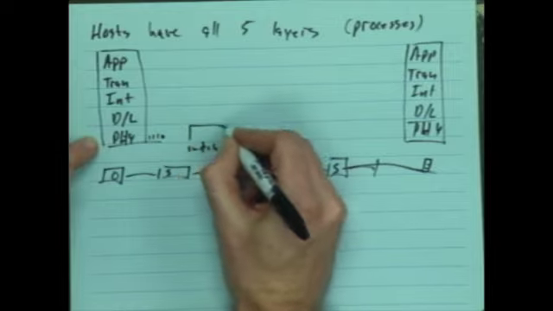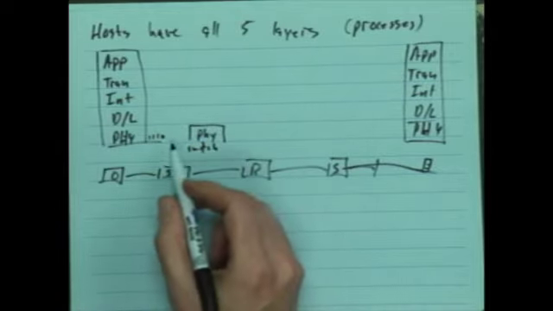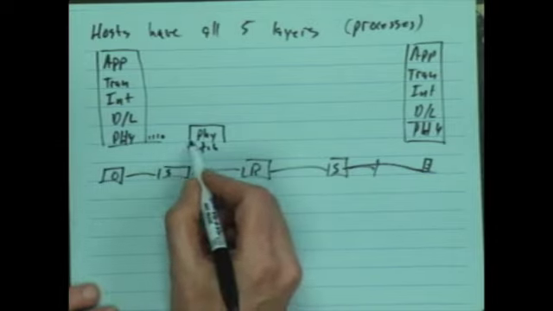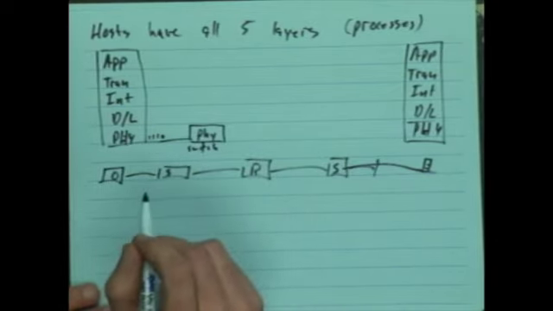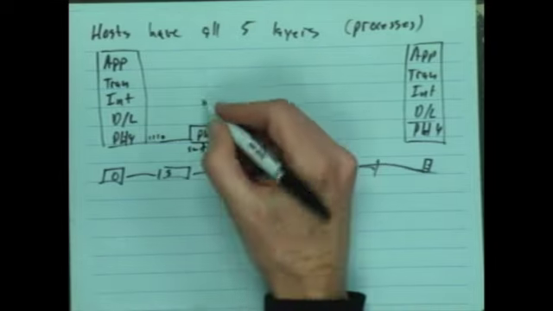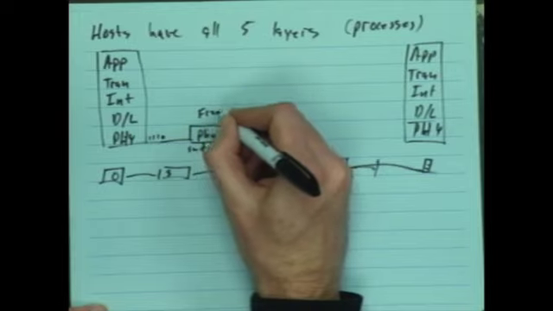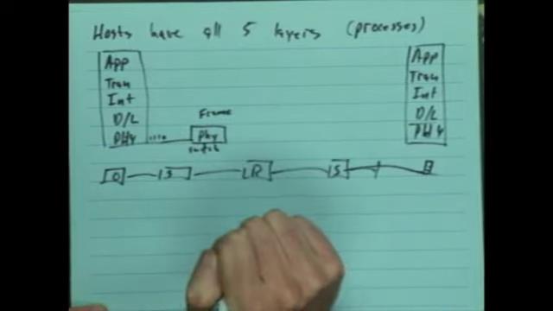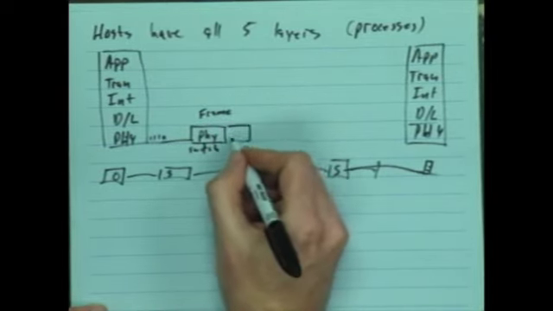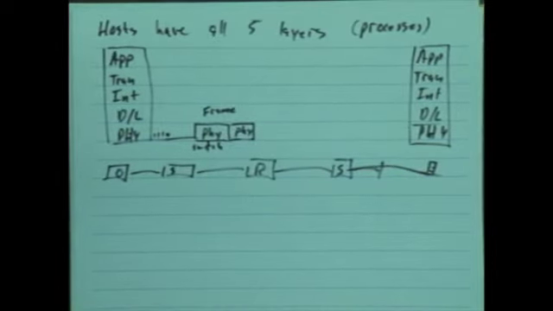It has a physical layer on it because it needs to read the 1s and 0s that come into it. Okay? So the 1s and 0s come into the switch. It needs to see the frame because the switch needs to decide what other port it is going to go to.